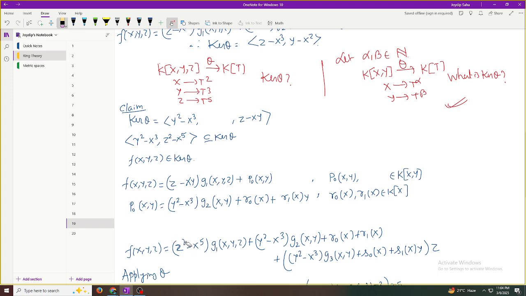So I can write z minus xy, then I can write here only this, right?